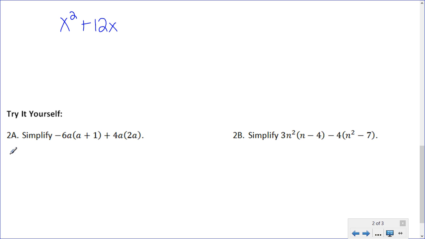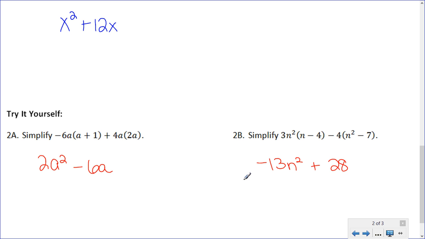Okay, for 2a, you should have gotten 2a squared minus 6a. And then for 2b, you should have gotten negative 13n squared plus 28.